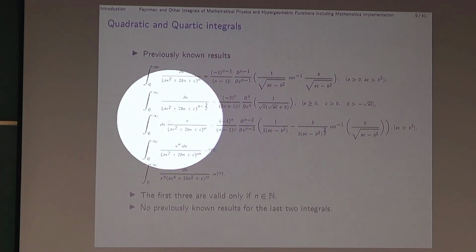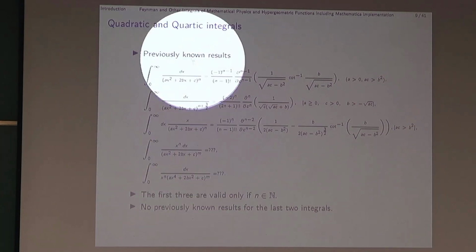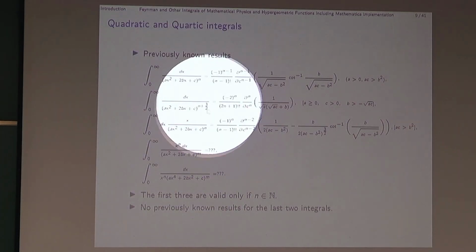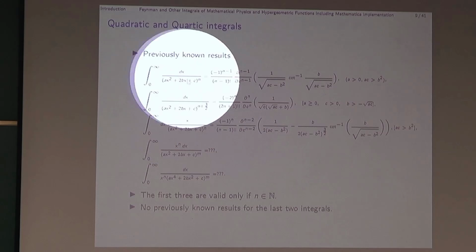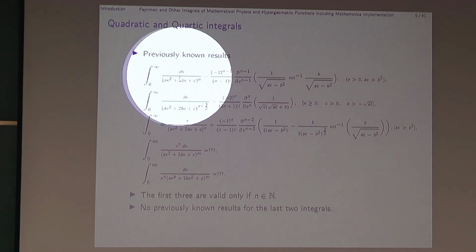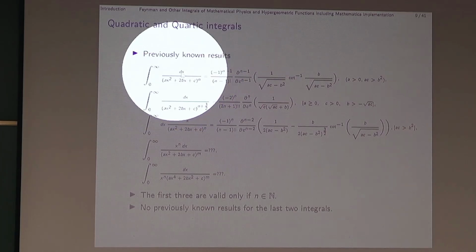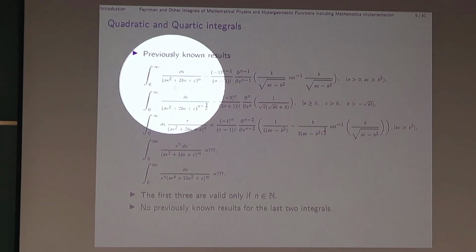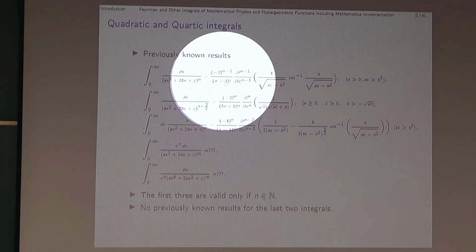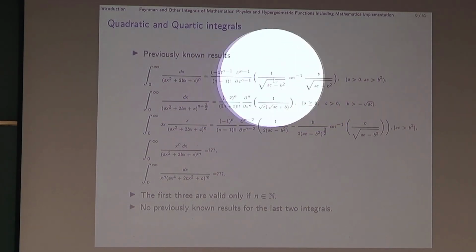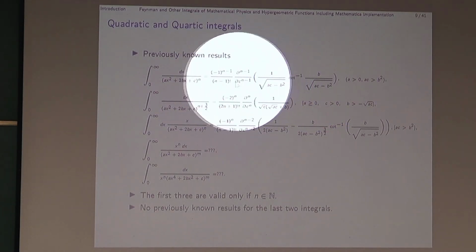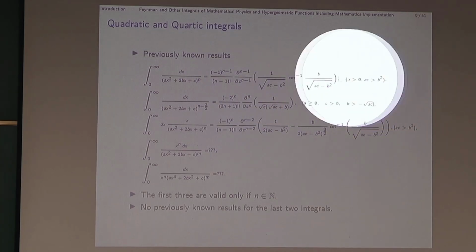And there are four such integrals that I want to draw your attention to. Here is one such, which is actually a single variable integration, which looks like this. So this is a quadratic integral. But you see on the right hand side, it has a very peculiar kind of result, which is expressed as a partial derivative with respect to all these things.